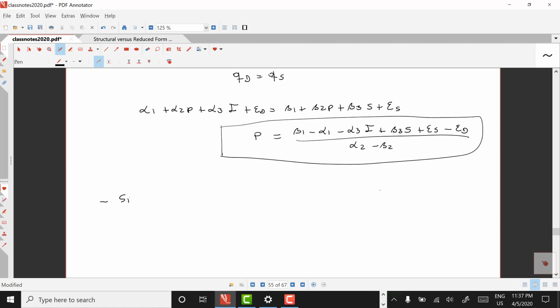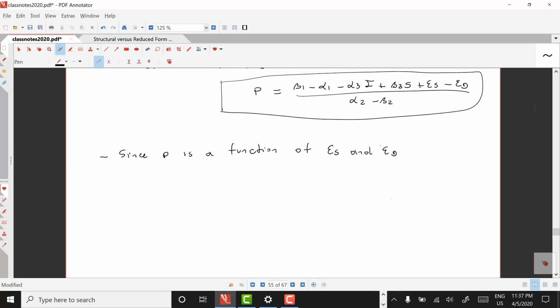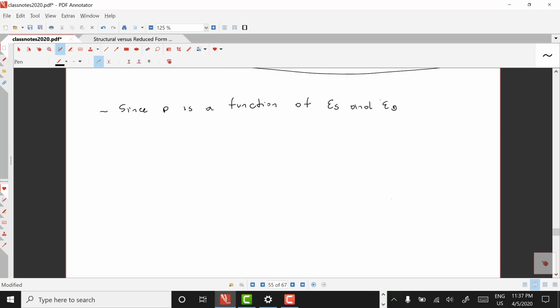Okay, so since P is a function of the error terms for both the demand and the supply equation, it is correlated with them.